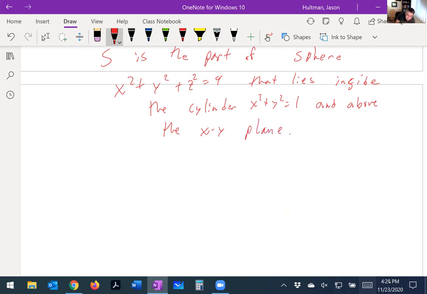Okay, so what does this look like? Let's draw a picture. It's a sphere of radius 2, right?